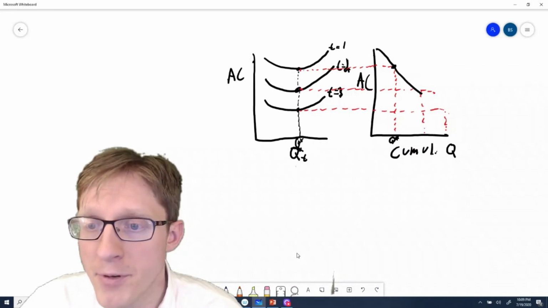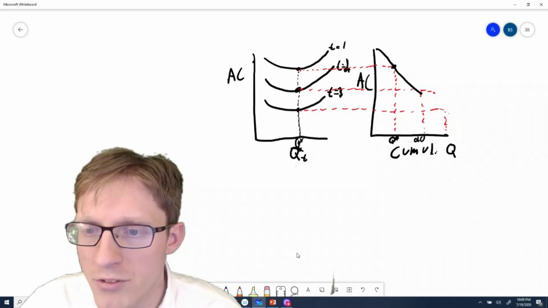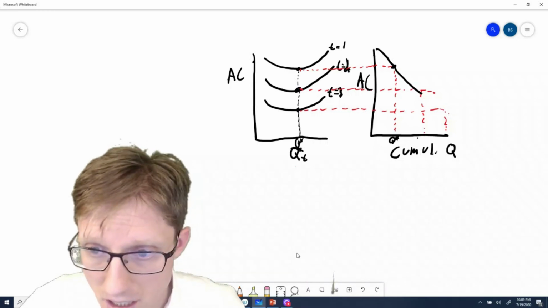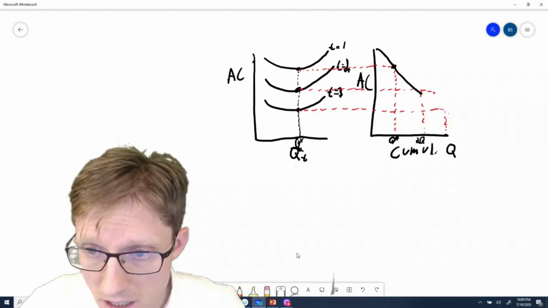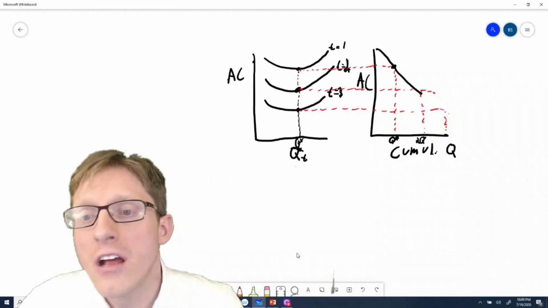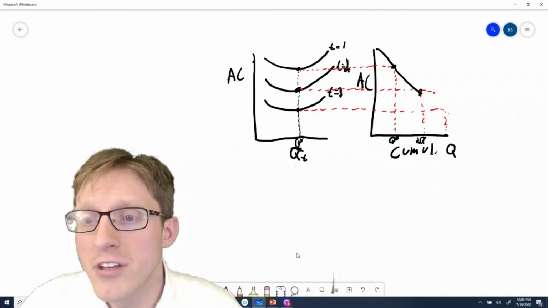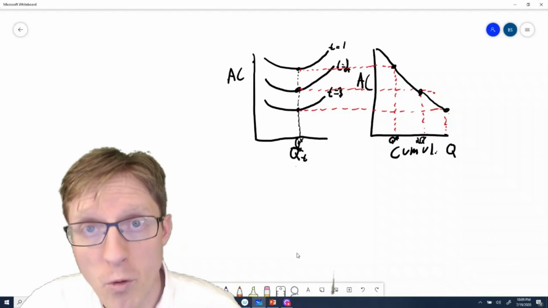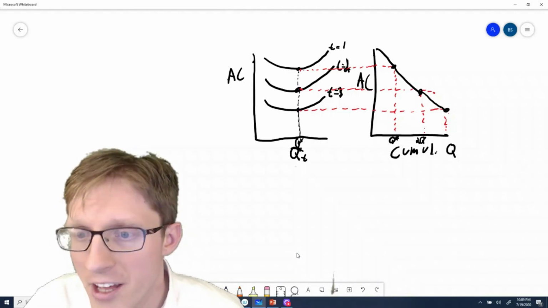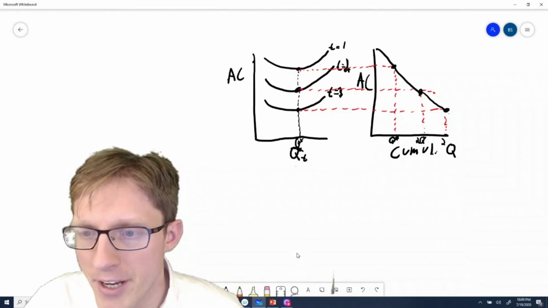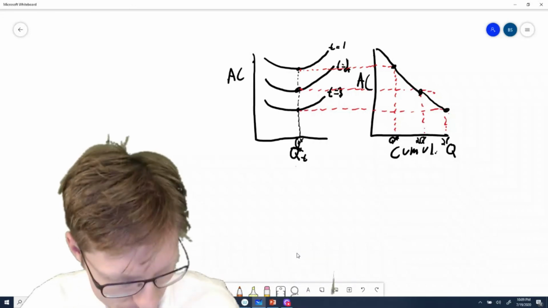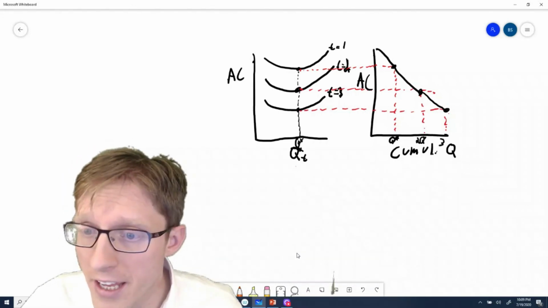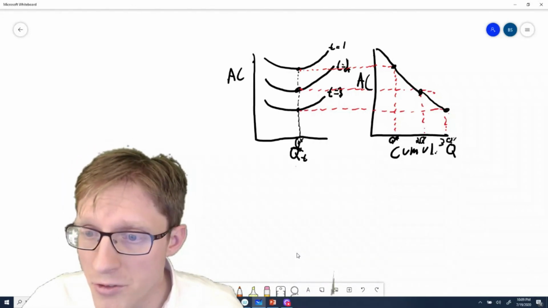And by the time they've produced twice that amount, 2 times Q star, the minimum average cost is even lower. And by the third period, when they've produced a lot more and learned a lot more from their mistakes, the minimum average cost is lower still. I should say this is 3 times Q star.